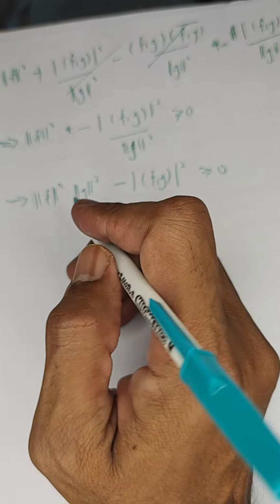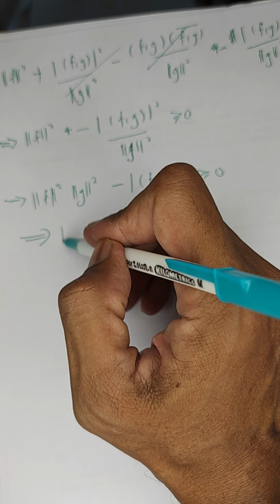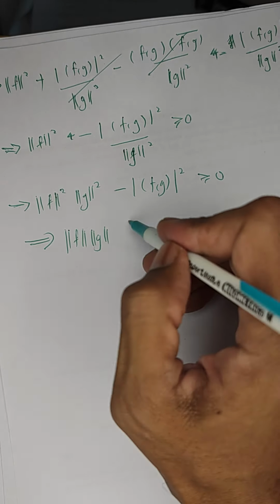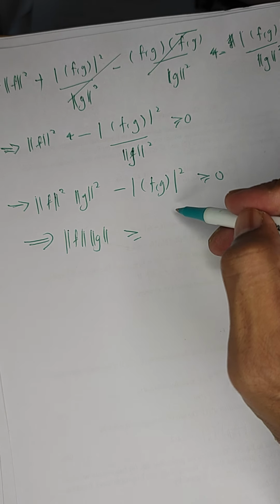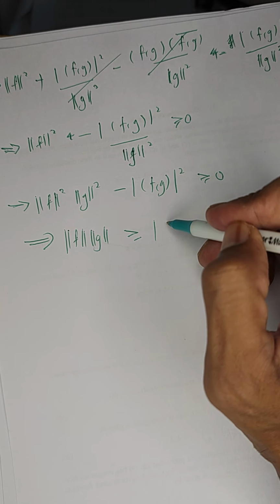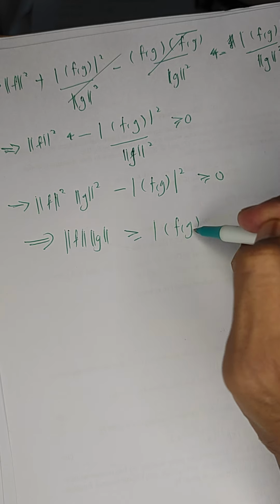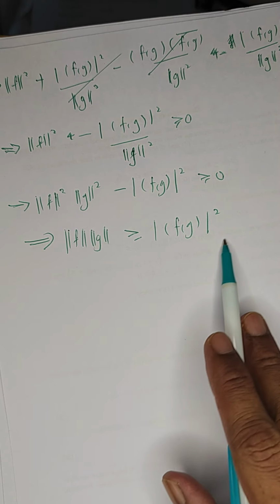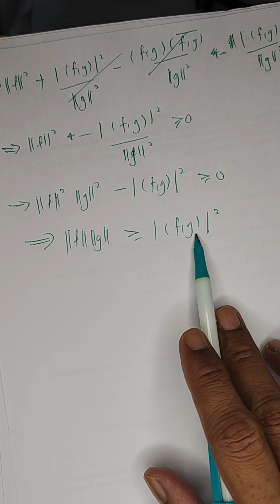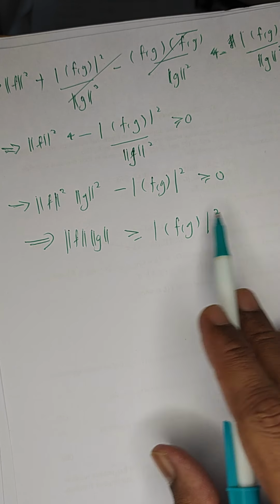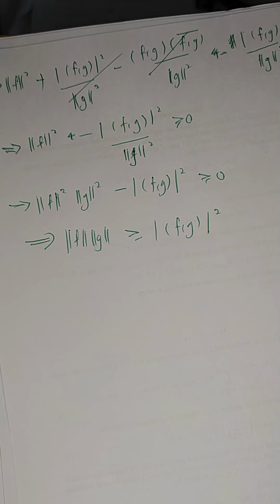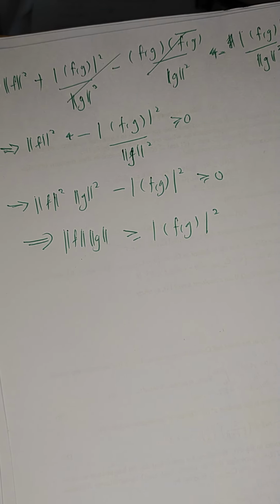From there it's easy to see that the norm of f squared times the norm of g squared is greater than or equal to the absolute value of fg squared. Or you can write that the absolute value of the inner product of f and g is less than or equal to the norm of f multiplied by the norm of g.